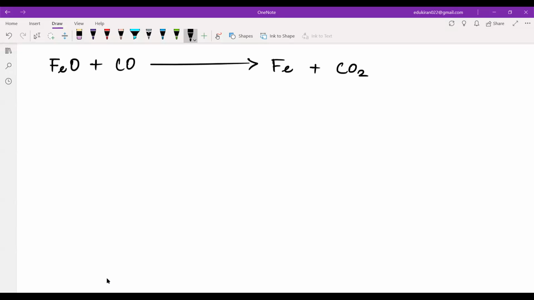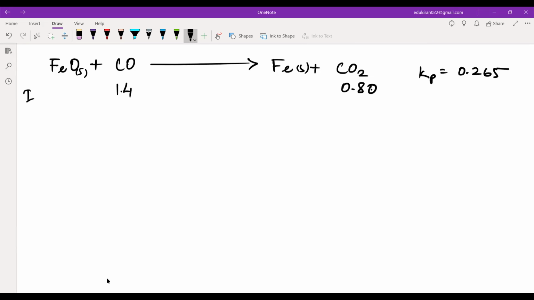These are solids, so they will not come in the equilibrium expression. We will have just the gases. Initially they have given carbon monoxide as 1.4 and carbon dioxide as 0.80, right? And Kp is equal to 0.265.